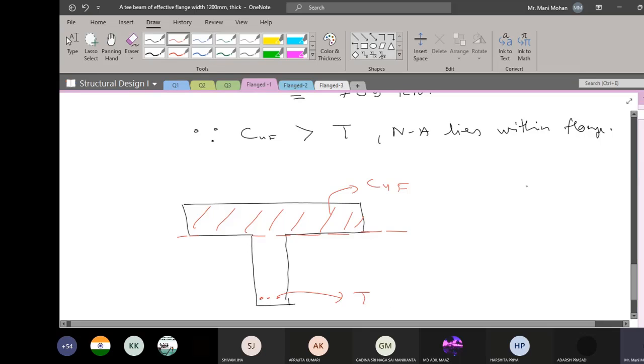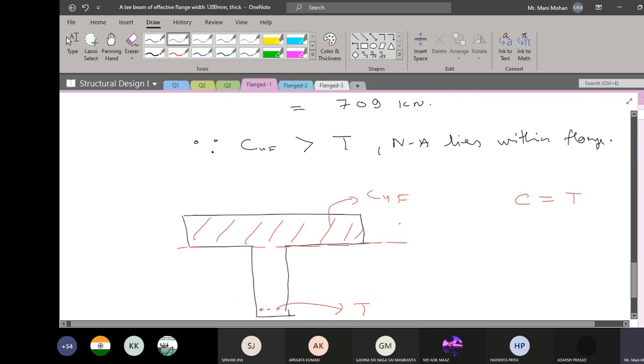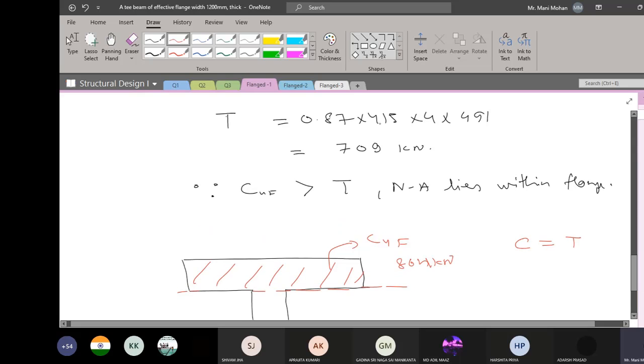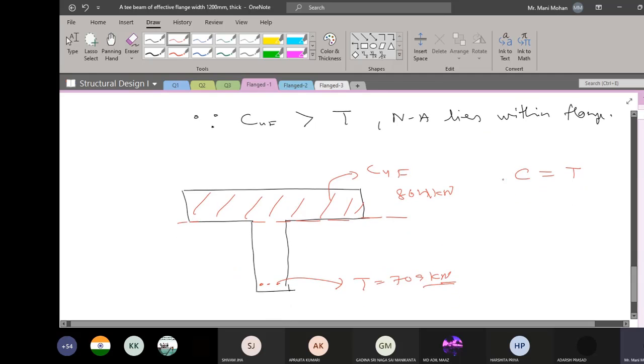Now you know that your total compression force has to be equal to total tension force. Now what is happening? Your CUF is coming as 864 kilonewton, and your tension force is coming 709 kilonewton. So tension force is fixed. It cannot change because you have a grade of steel and area of steel fixed. Now I want this condition C equal to T.